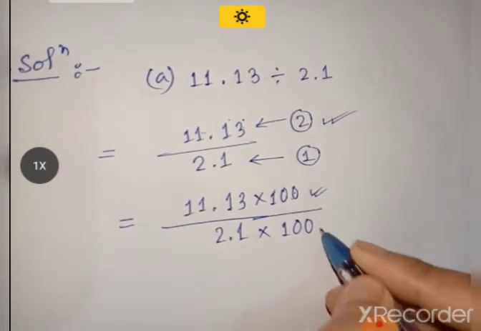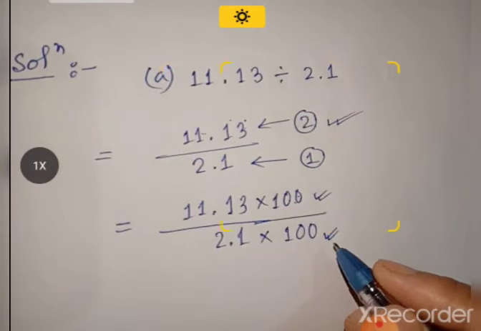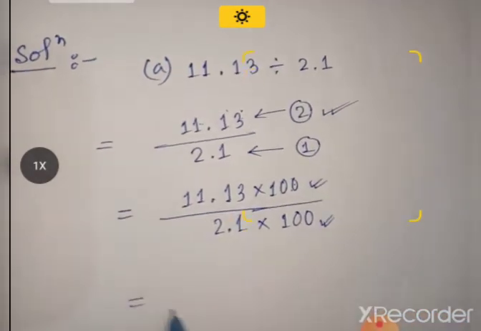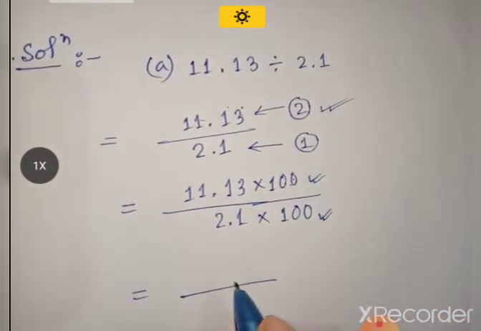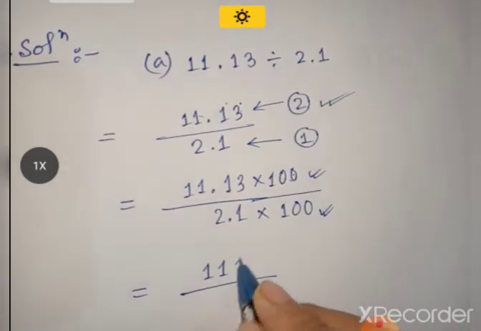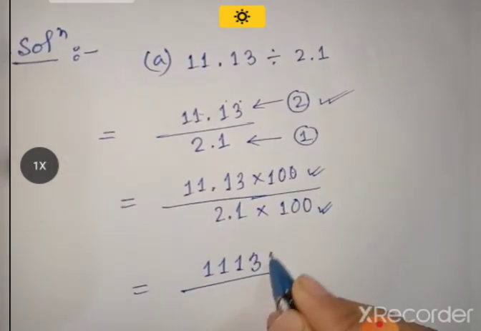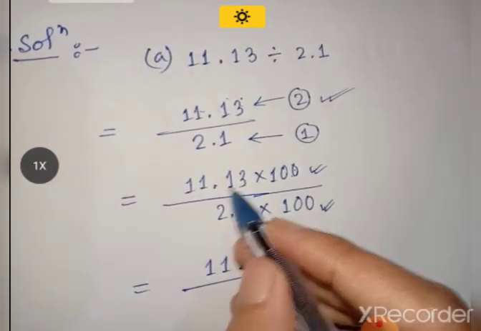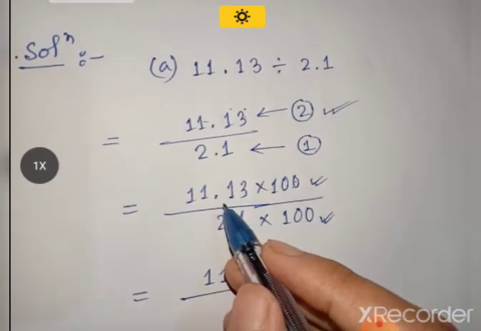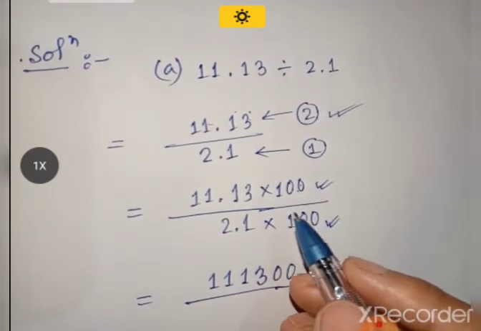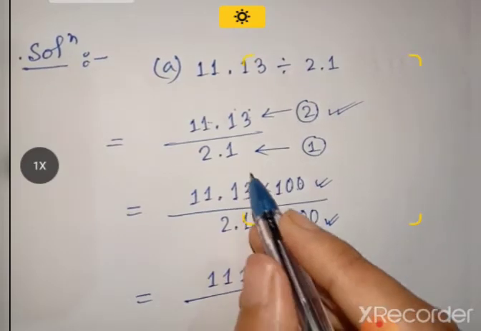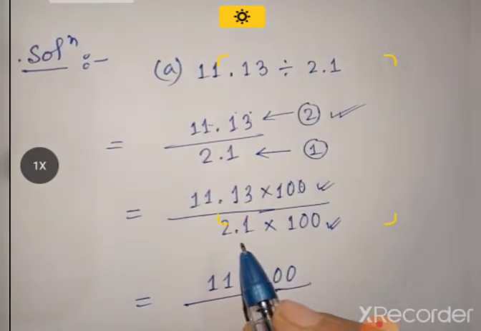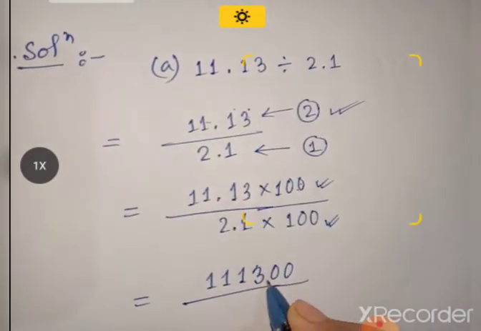These two numbers get multiplied by the same number. Okay, then 11.13 into 100, we get the answer 1113.00. After how many places is the decimal point? I have already told earlier: after 2 decimals. So we have to put the decimal here.